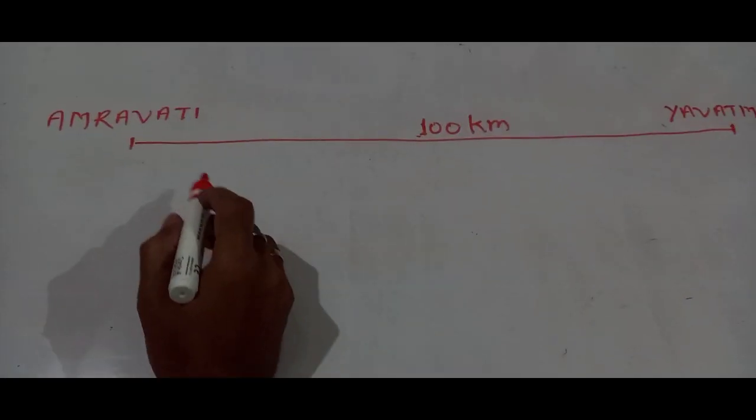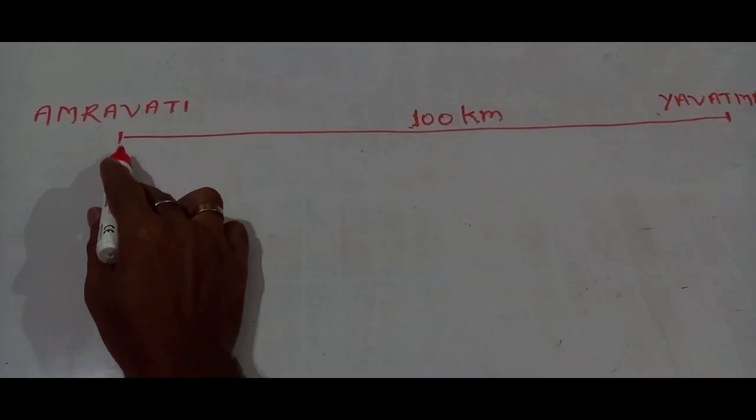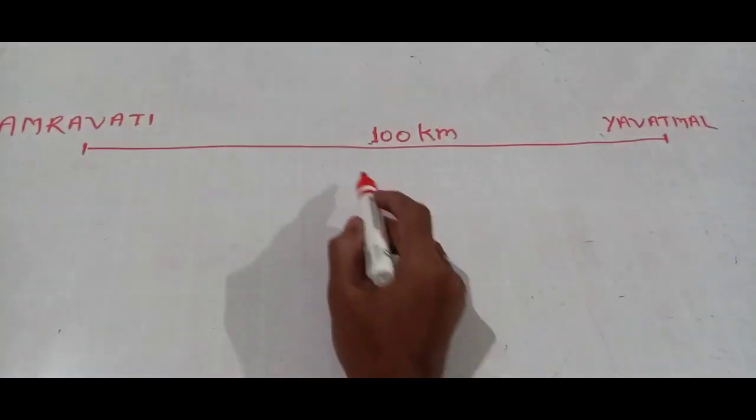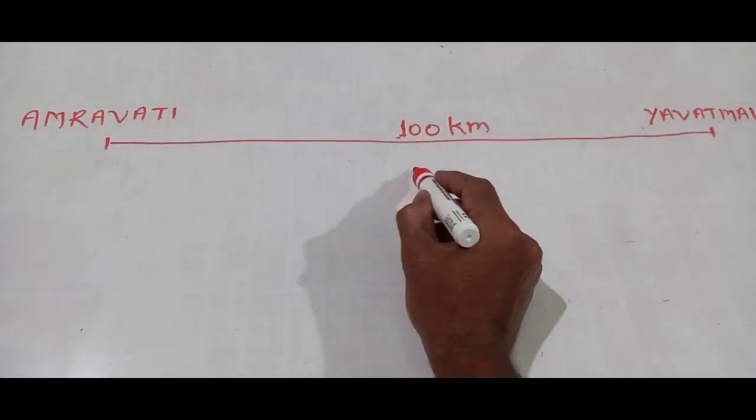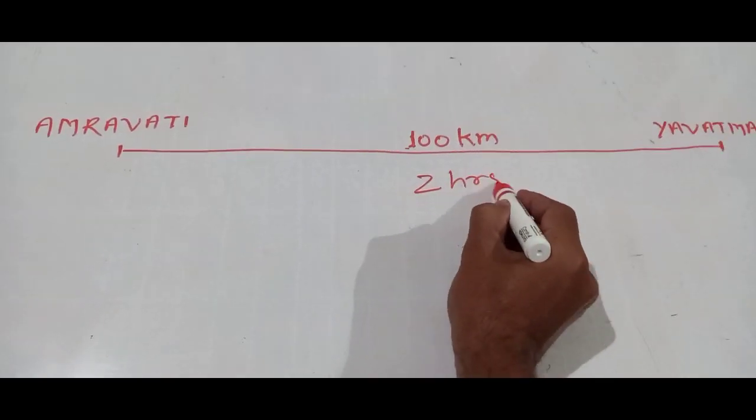Now let's see the meaning of acceleration with the help of an example. Consider a vehicle moving from Amravati to Yavatmal, a distance of 100 km, and it takes 2 hours.